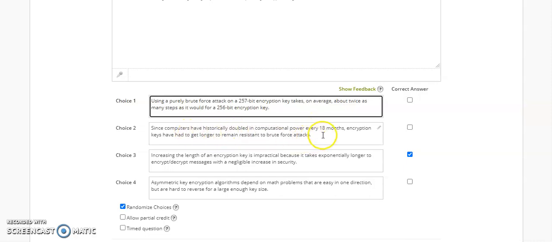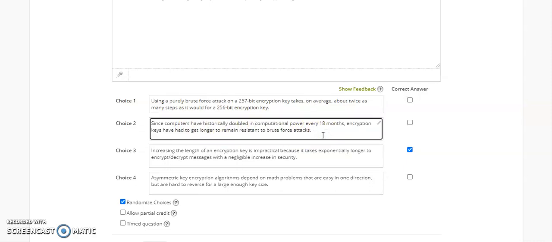What about the law that says every approximately 18 months, Moore's law, the speed of computers doubles? Well, guess what? Every 18 months, that means that extra bit that you added, they can now compensate for that and potentially get that.